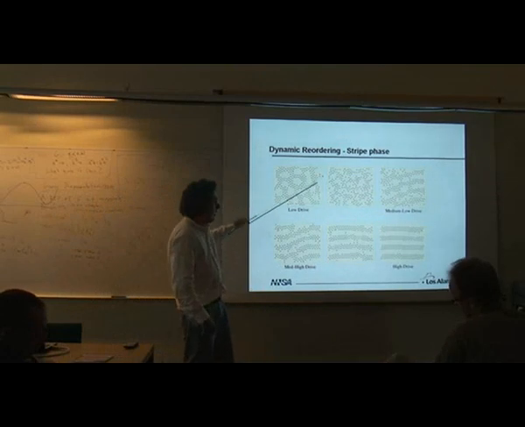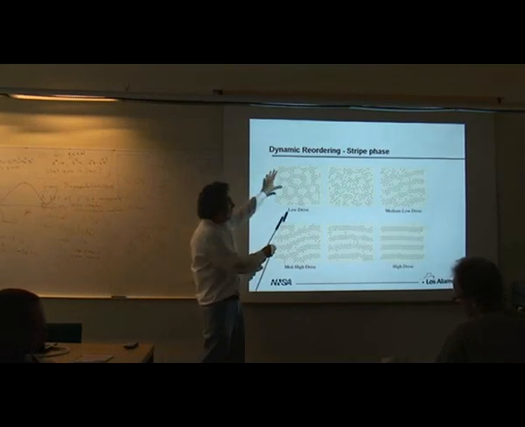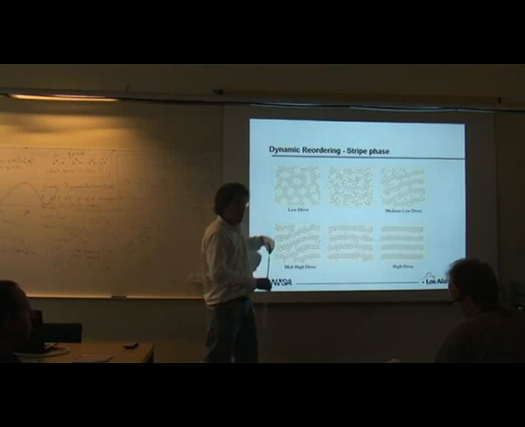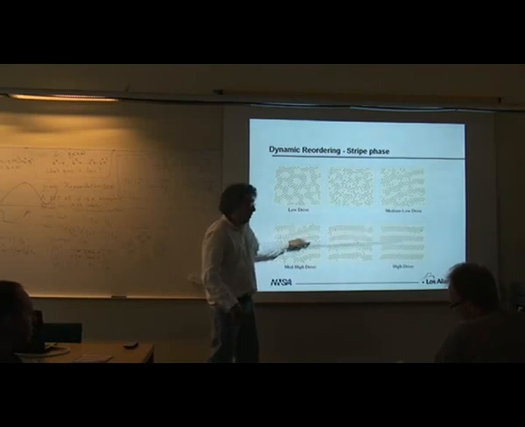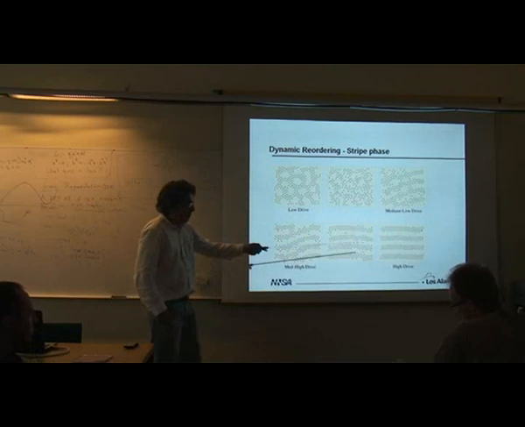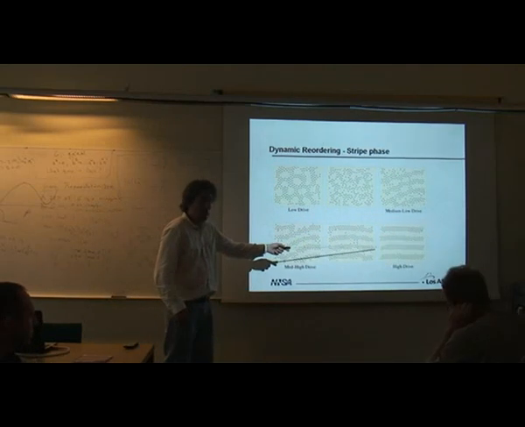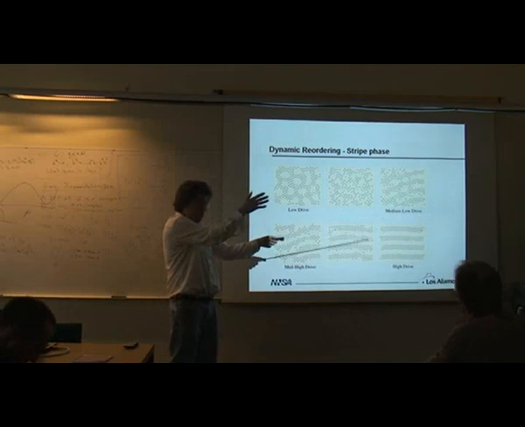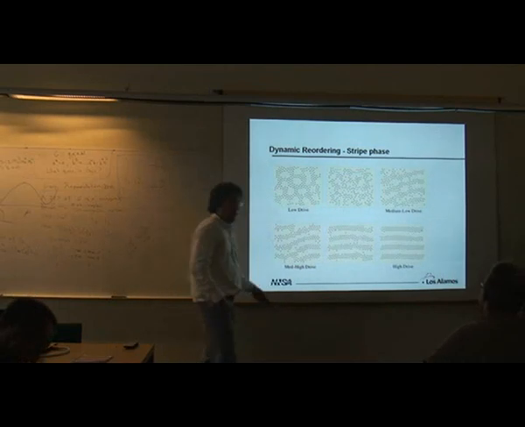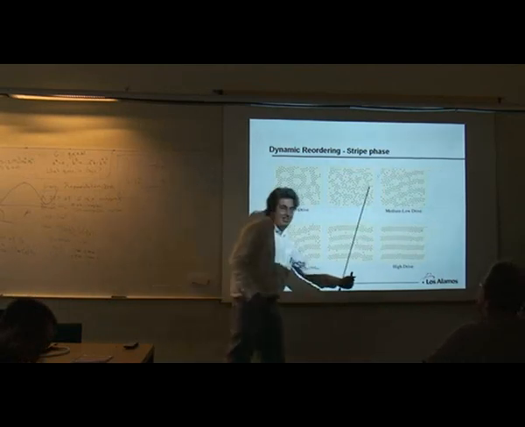But for example, in this thing here, we have a system with this order. You apply a drive, and then the stripes order with the drive. There's some evidence by the group in Stuttgart that that's exactly what they saw, because they see hysteresis and they see the stripe. When you order them one way, then the anisotropic direction changes.